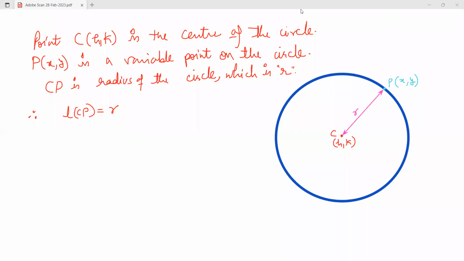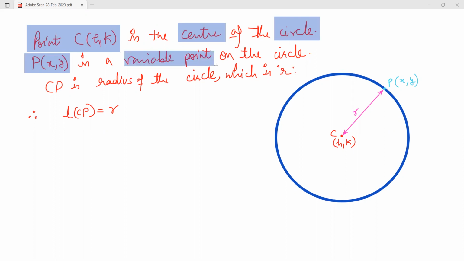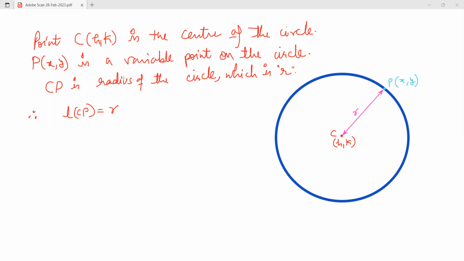So students, see here, I wrote point C, h comma k, is the center of the circle, right? Then I wrote P, x comma y, is a variable point on the circle. CP is the radius of the circle, which is equal to R. So I can write length CP is equal to R. Now I will apply the distance formula.